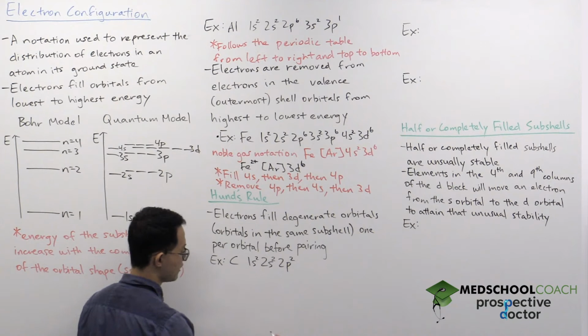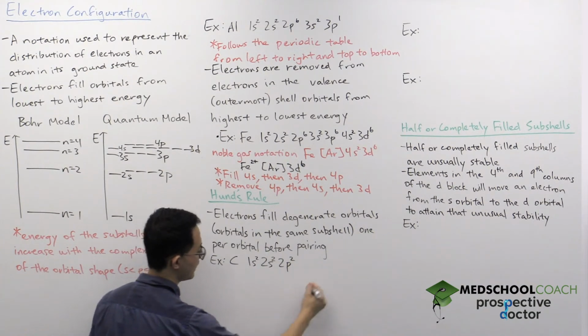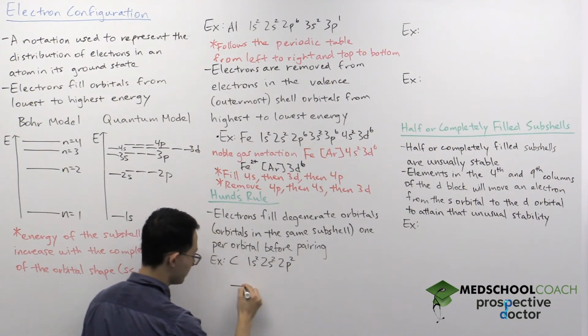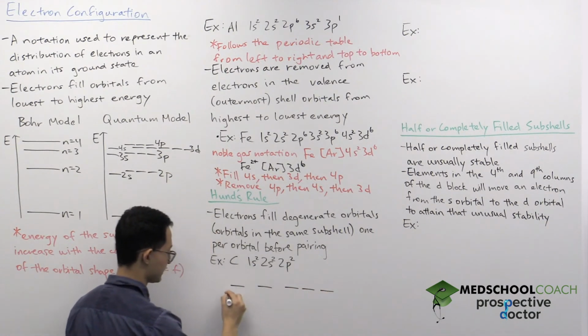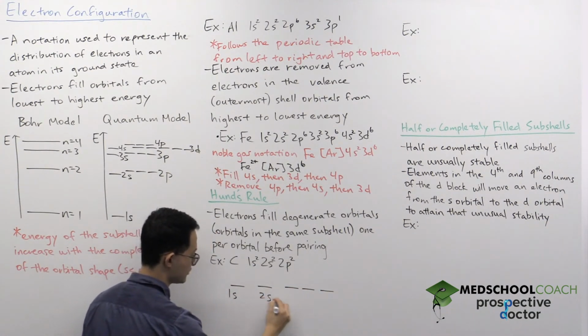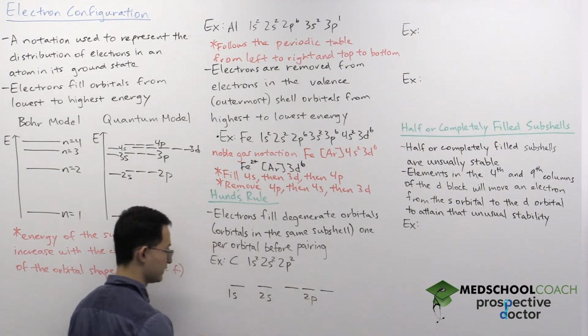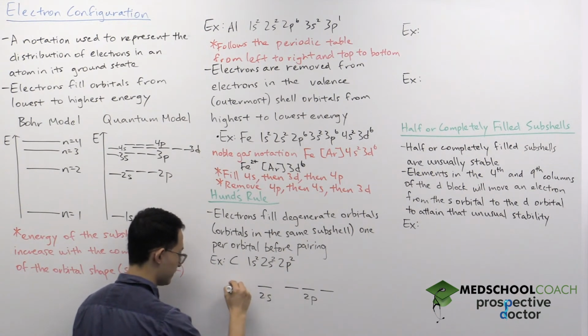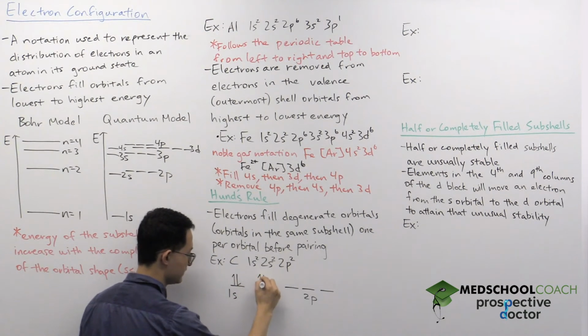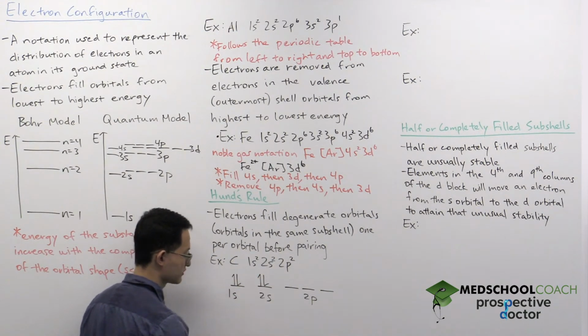If we were to draw this out with the orbitals, you would have 1s, 2s, then 2p. So we can label this as 1s, 2s, then 2p. So the s orbitals are pretty straightforward because we're going to put in 2 electrons in each. And we know that there's an upspin and then a downspin. So upspin, then downspin for our s orbitals.